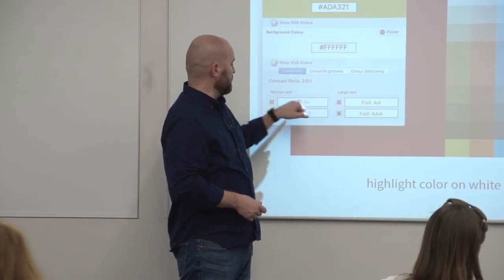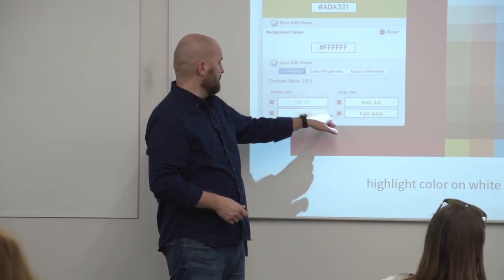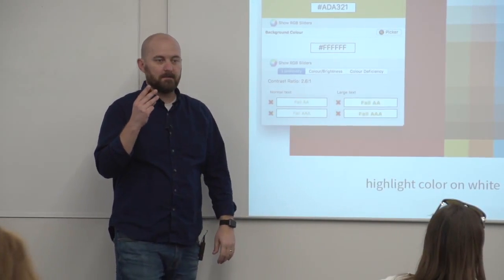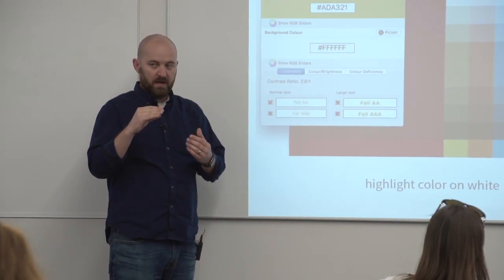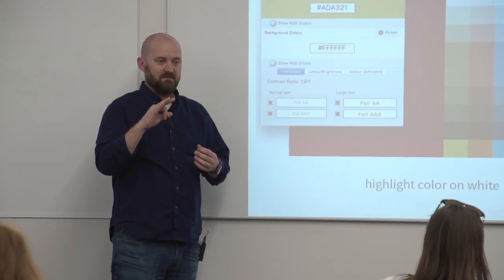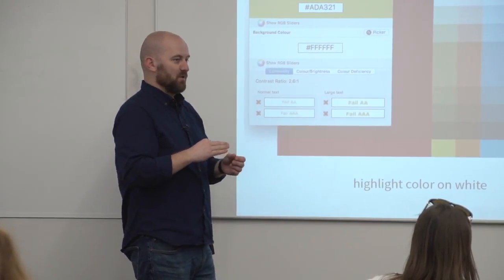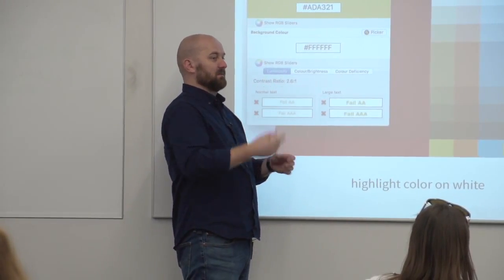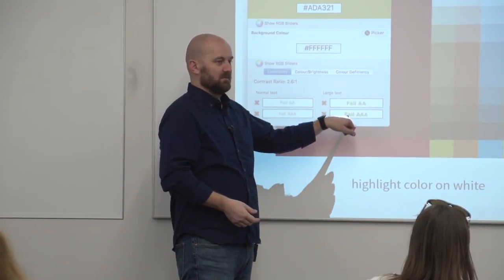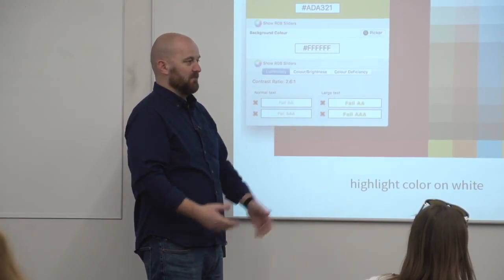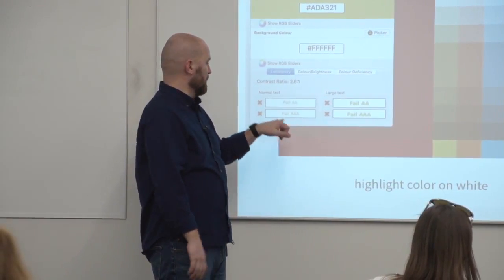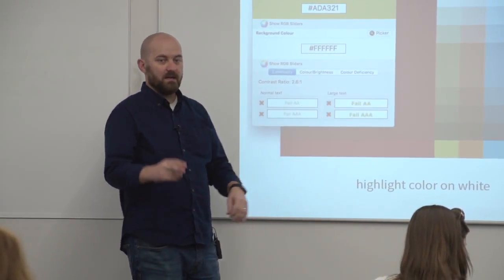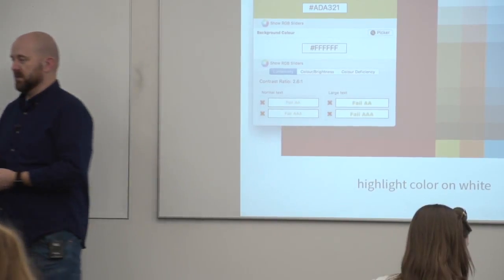So the top two are double A and the bottom two are triple A. And we're not required to meet the AAA, right? So legally, we're not required to meet this one. If you can, it's good practice, right? We want to make it as accessible as we can. We're required to meet the AA, which is the top two, okay?